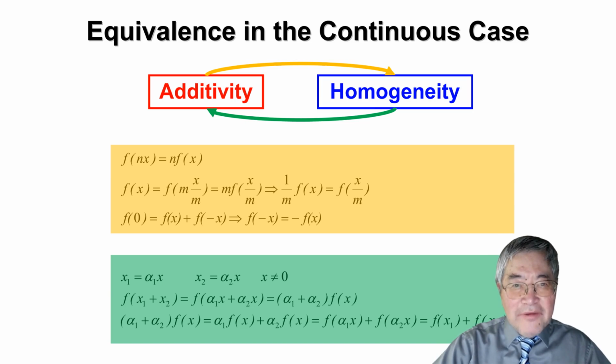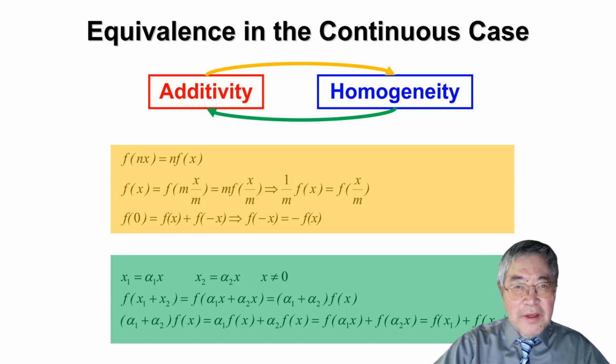It rewrites f of x in terms of scaled components, showing that f of x behaves consistently under fractional scaling using integer steps and continuity to bridge to real numbers. The last line in the yellow box shows that if f of 0 equals f of x plus f of negative x, then f of negative x equals negative f of x. This confirms the homogeneity for a real number scalar.